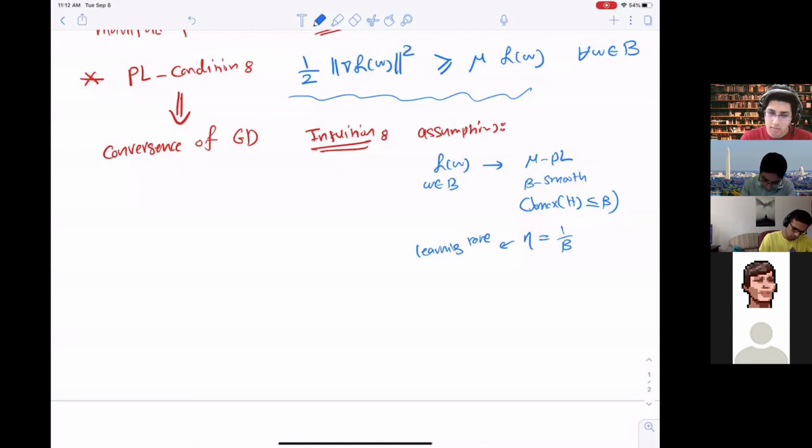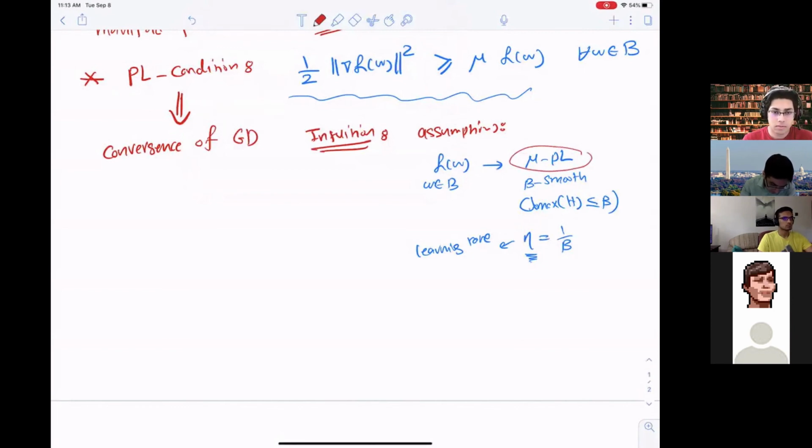The beta-smooth assumption also appears in the proof of convergence of gradient descent in the convex setting, where we have bounds on the eigenvalues of the Hessian, even though in that case we assume the Hessian is PSD. We also have the assumption that the learning rate should be sufficiently small. So the extra assumption here is that, instead of convexity, we assume the loss satisfies the mu-PL condition.